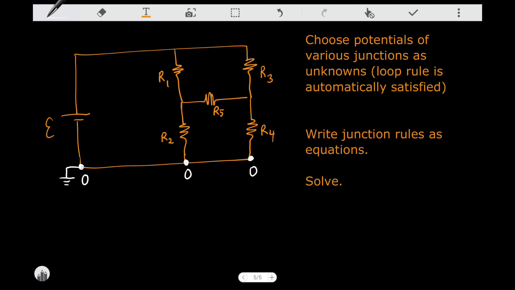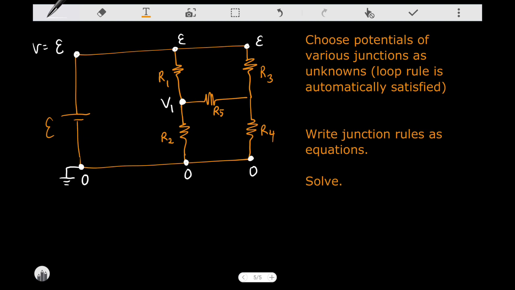Okay, so if this point has potential 0, in that case, this point should have a potential which is equal to the EMF. So let me write the potential in here. That's still not an unknown. So the potentials at these points are equal to EMF. And then we have this junction. Since I don't know the current that's flowing over this resistor, I don't know what the potential at that point is.